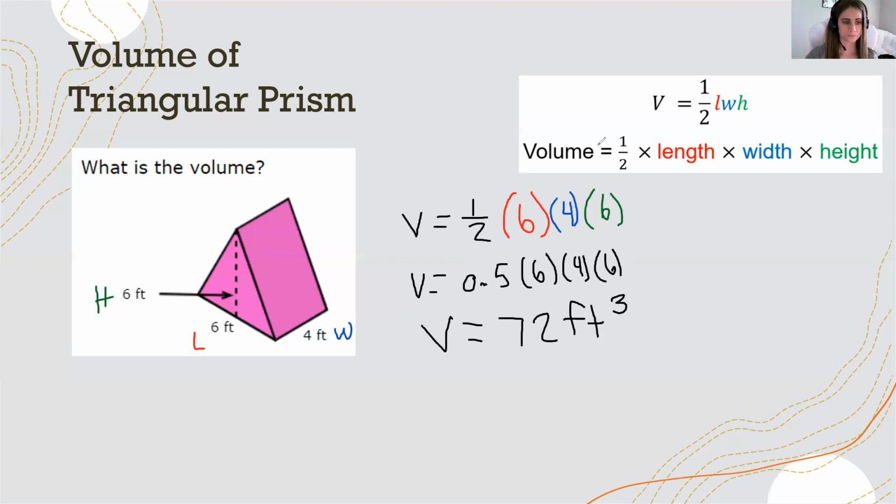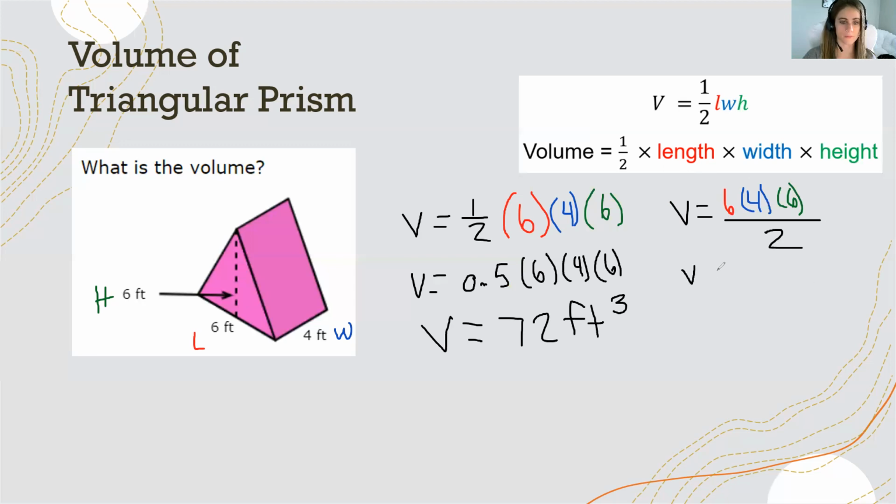Another method is when you multiply something by a half, you are cutting it in half. Another way to look at that is you are dividing by 2. So some students may like to look at the formula this way, where you are multiplying length times width times height, and then when you're all done, you will divide it by 2.